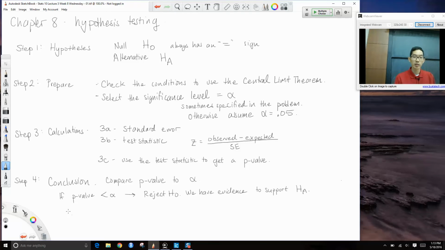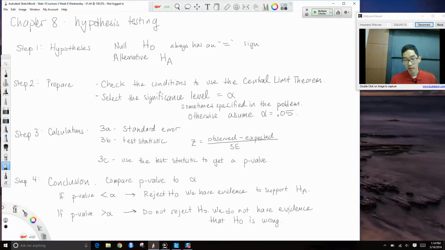On the other hand, if the p-value is greater than alpha, do not reject the null hypothesis, and we say we do not have evidence that the null hypothesis is wrong.